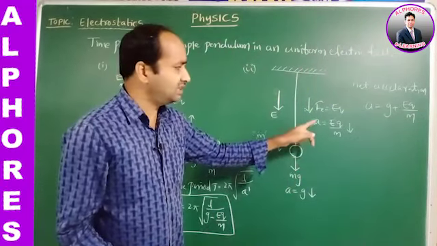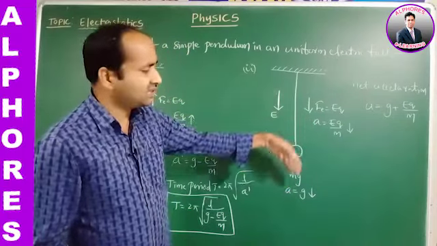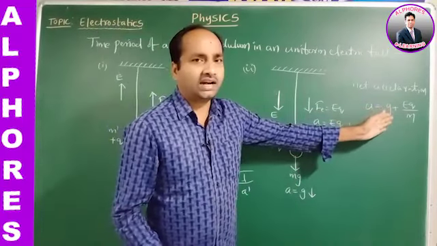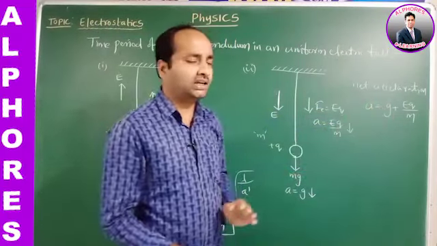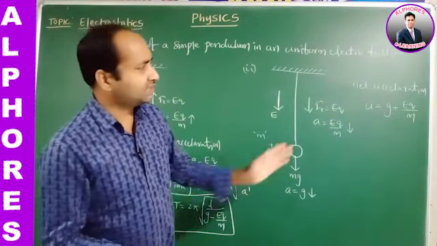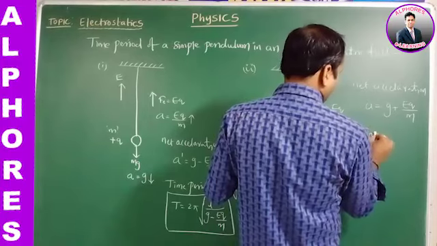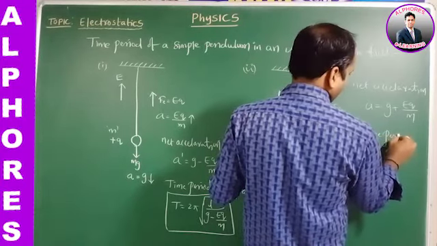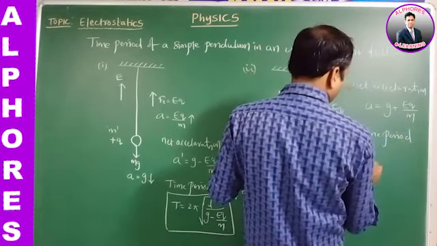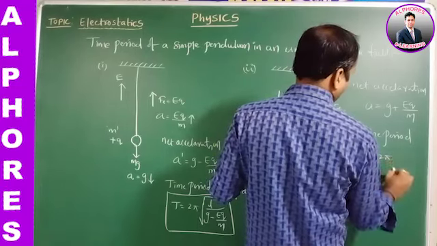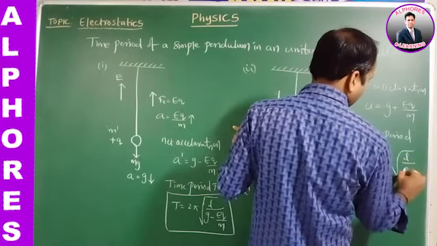These two accelerations are vectors. If they are in the same direction, we can directly add them. What is the net acceleration here? a equals g plus EQ by m. Then what is the time period here? The time period of the pendulum T is equal to 2 pi under root of L by the net acceleration a.